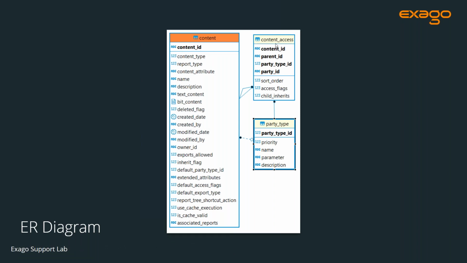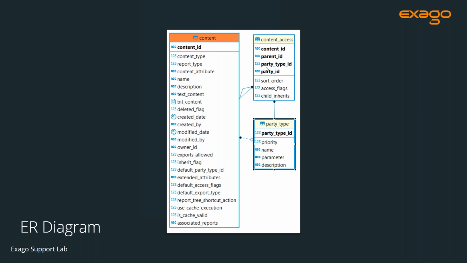The content access table gives a say over who has access to each piece of content. And what it does is it says for a piece of content, it joins the content ID. It also says which parent ID, that is to say which folder or if it's residing in the root. And then it uses the party type and a party ID to specify which party this should apply to.